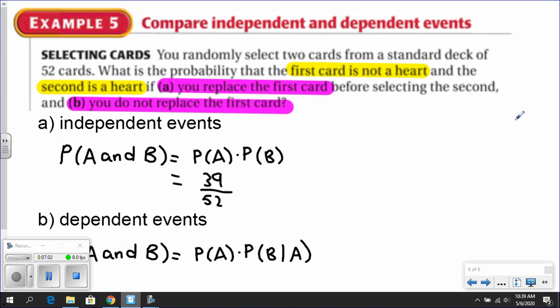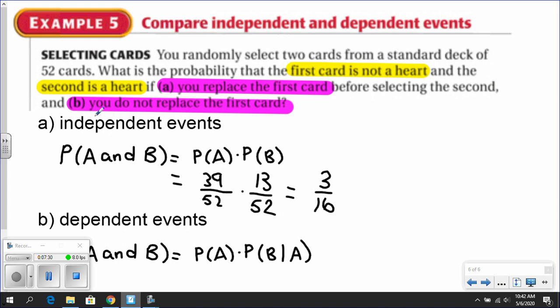And event B is that the second card is a heart. And like I said, there are 13 hearts out of a total of 52 cards. So when you plug this in your calculator, you then get 3/16.